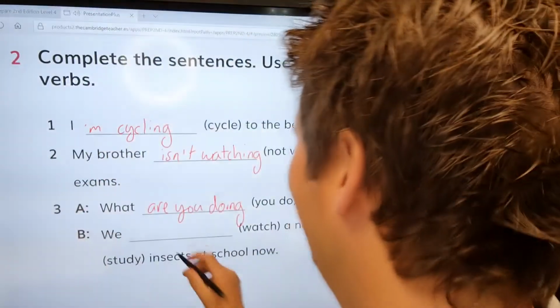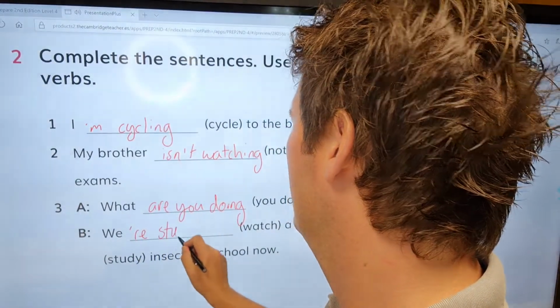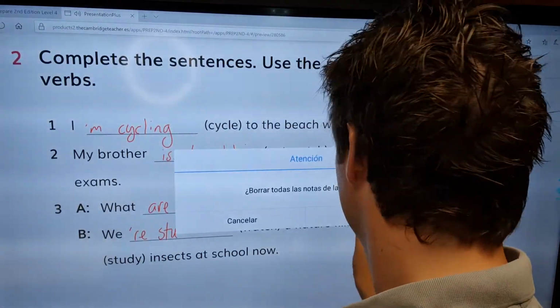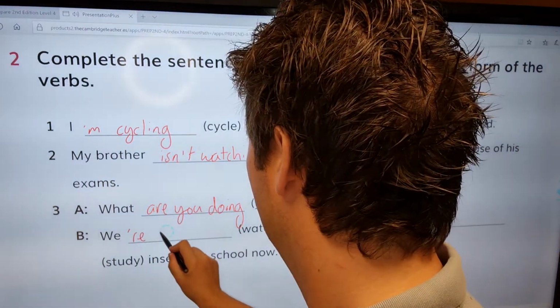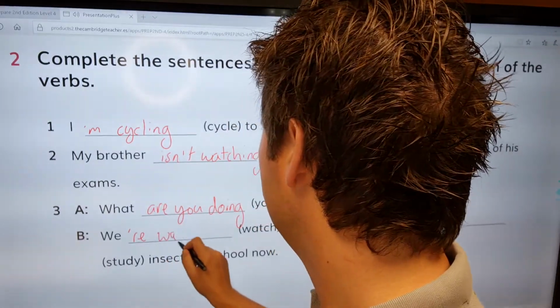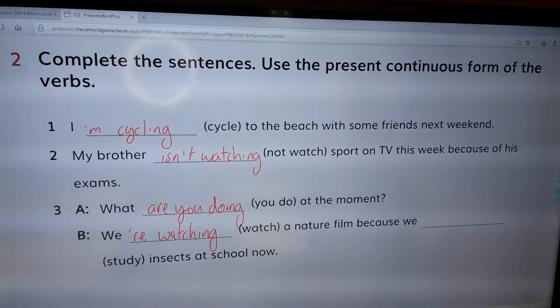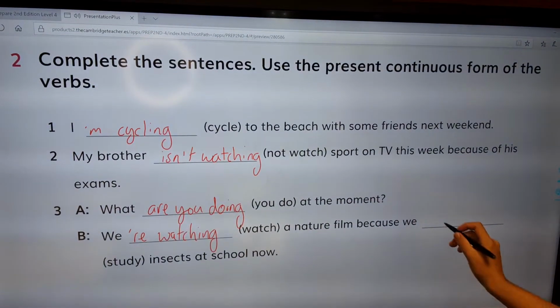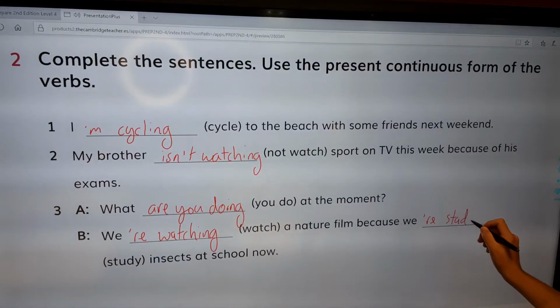Yeah, we are studying. I'm using the studying now. How do I rub this off? We are watching a nature film because we are studying.